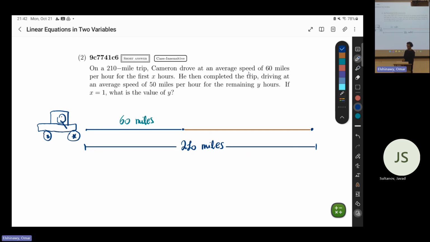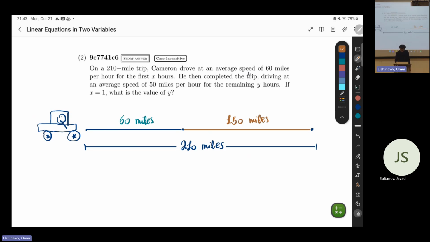My question is about the brown part. 150. Okay, yes, that's good.